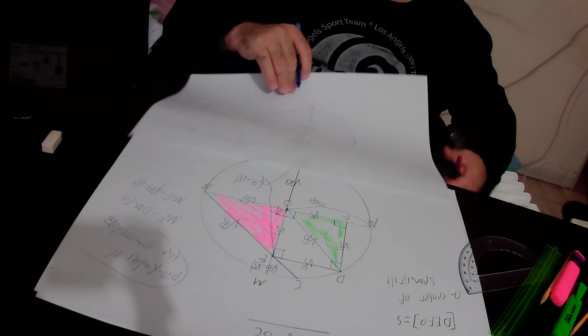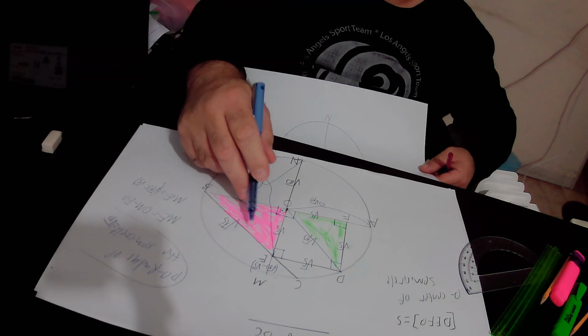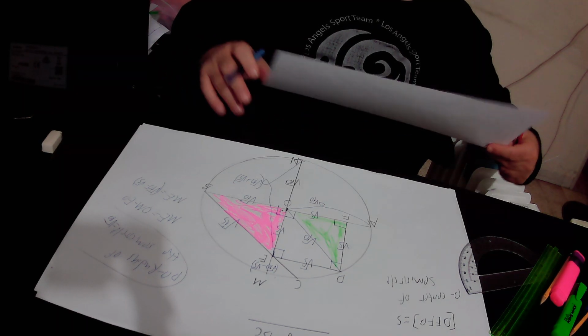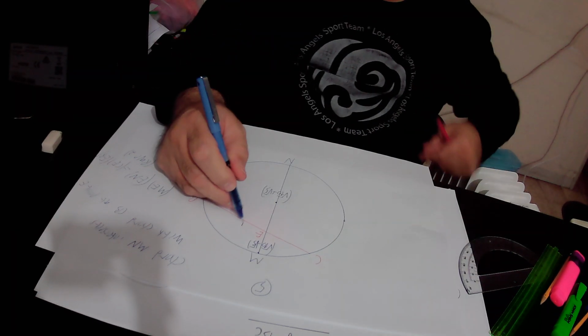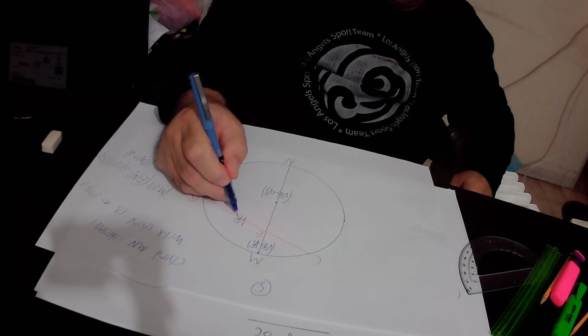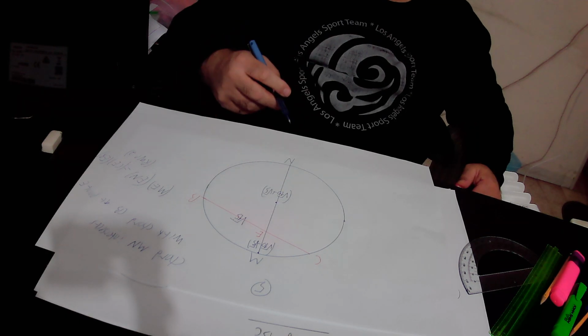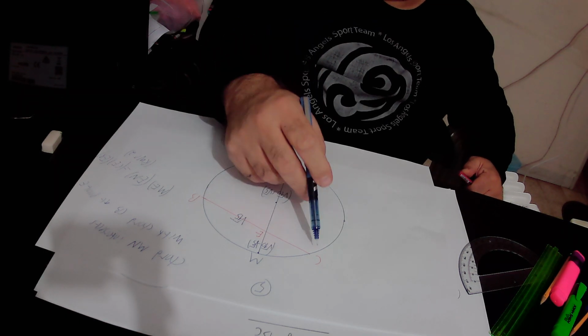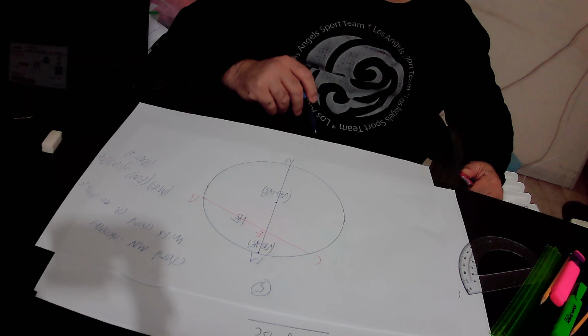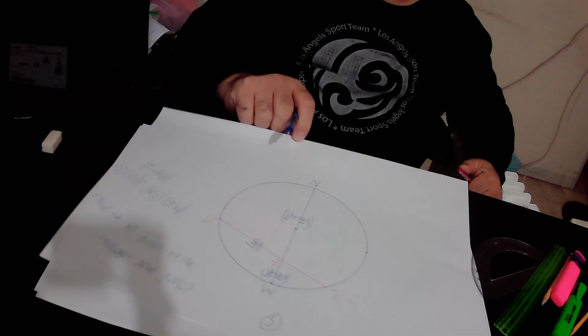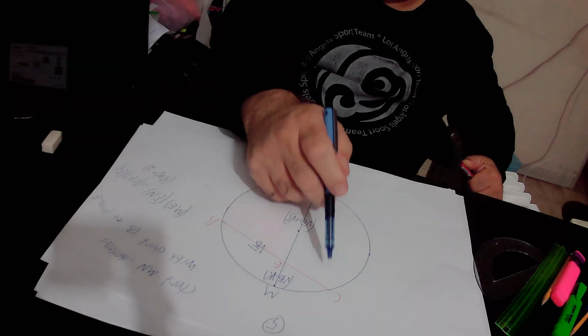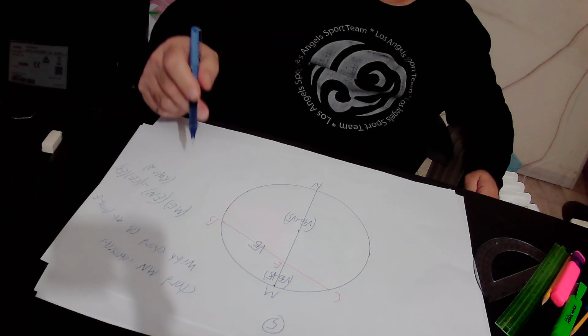And we have already found out that EB equals the square root of 15 units. And the only missing line segment is line segment CE. Okay, so we put the data inside the equation and we will find out the missing line segment CE.